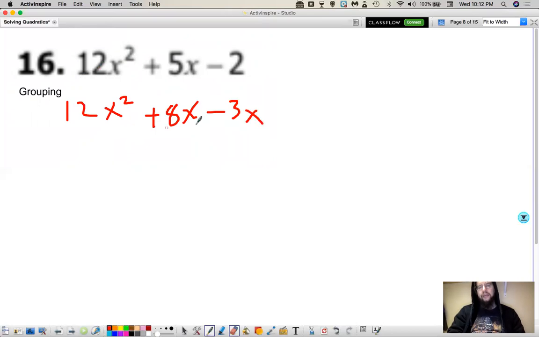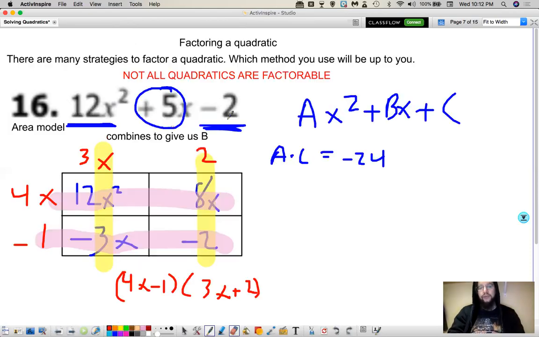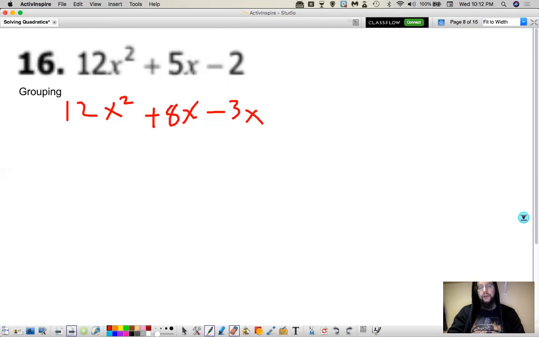I did that because, if you didn't notice, this is the same problem. I'm going to do the same problem 3 times, just so you can see the different ways. At the end, it's your choice of which way you do it. But we knew 8 times 3 is 24. In fact, that's A times C. And if we combine them, we get a 5. So that's how we do it.